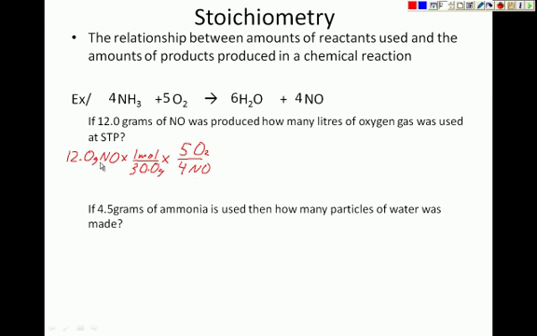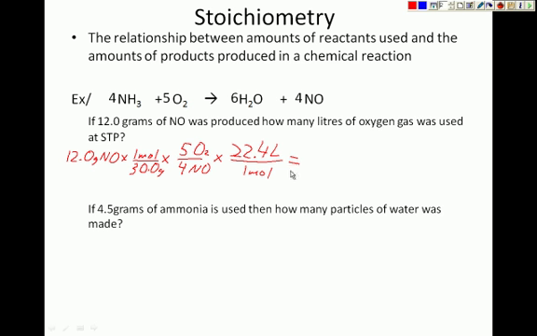Okay? Now, it says how many liters of oxygen gas was used. And if you remember from your Chemistry 11 that in 1 mole at STP there is 22.4 liters of gas. Doesn't matter what kind of gas it is, as long as it's at STP there will be 22.4 liters of gas in 1 mole.